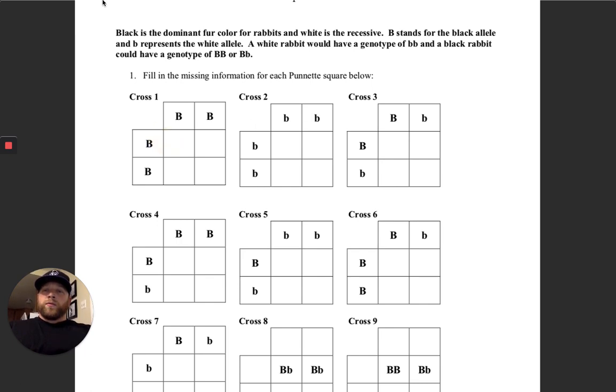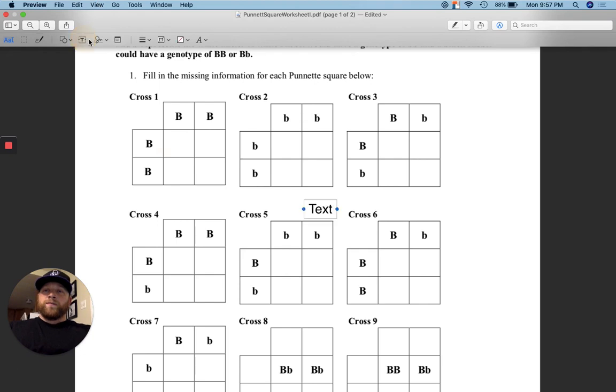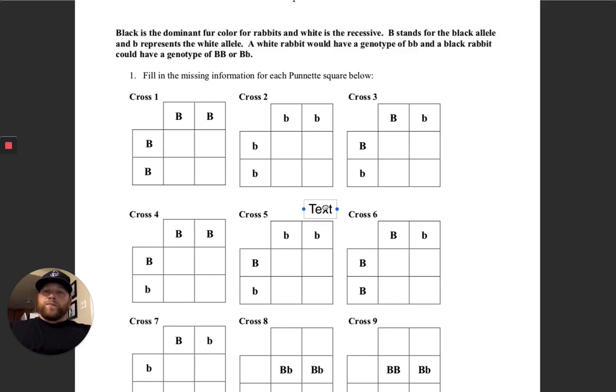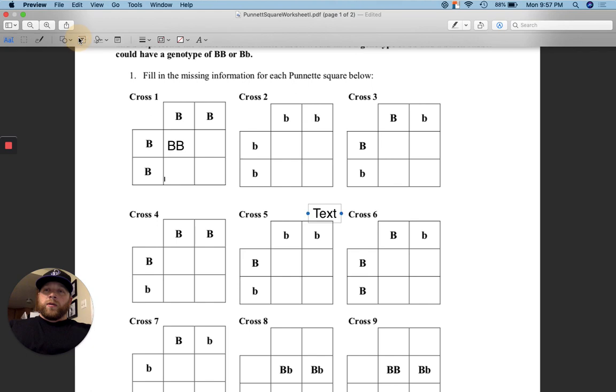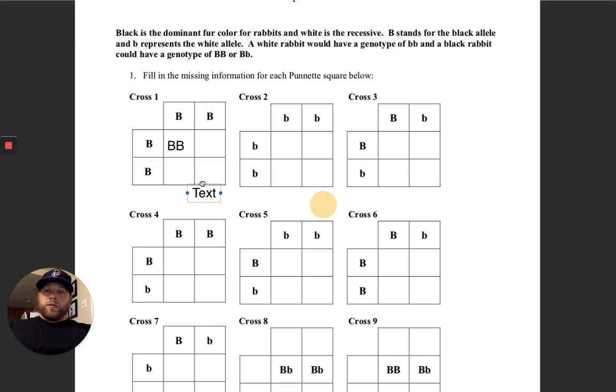Okay, let me put a text box in there. Here we go. So we got a capital B in there from this parent, and then we will also get a capital B from this parent. Same thing here.